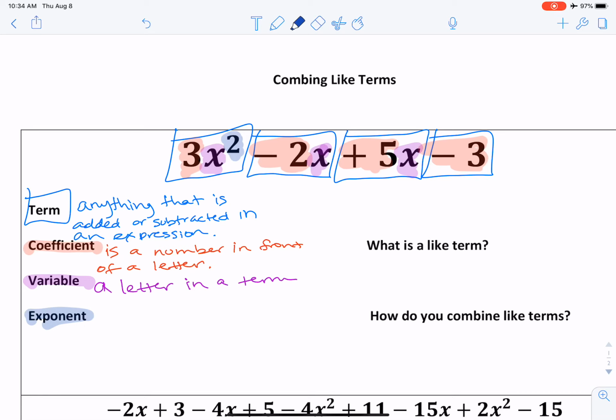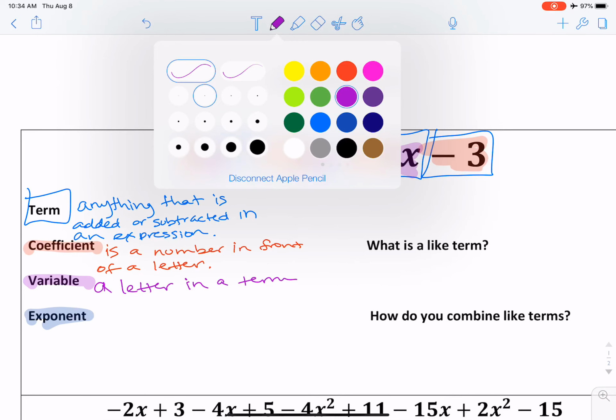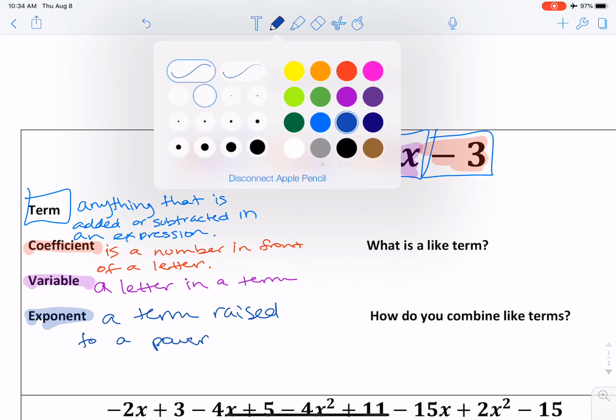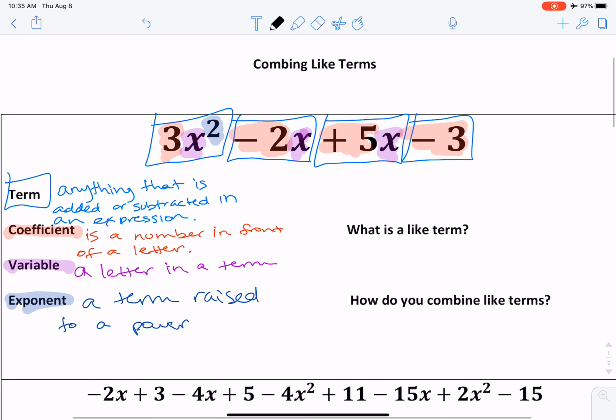So in this example, the only exponent that we have is the 2 on the first term, the 3x squared. So an exponent is a term raised to a power.